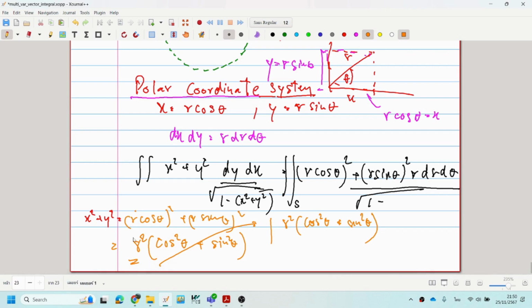Okay, in this step I transform the xy Cartesian coordinate system to the polar coordinate system.